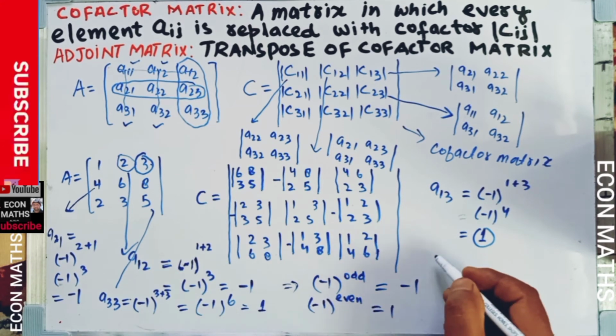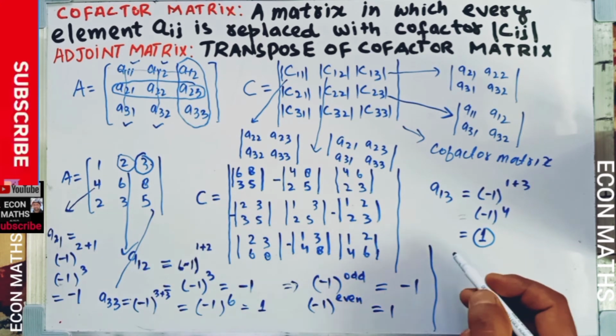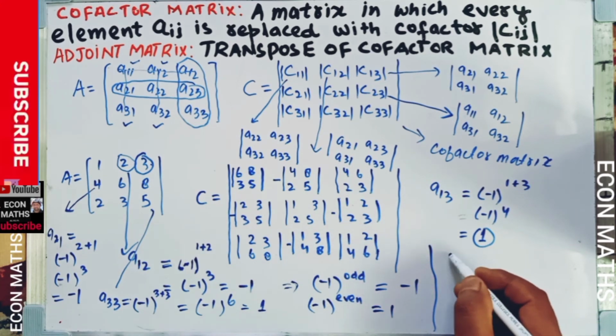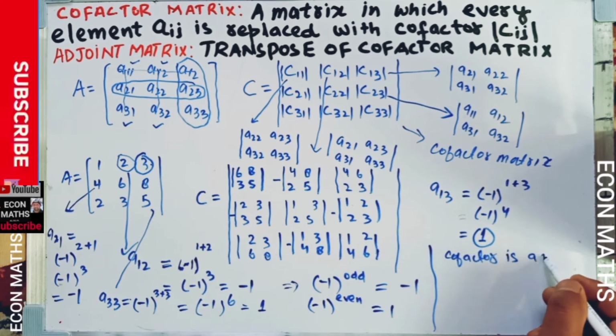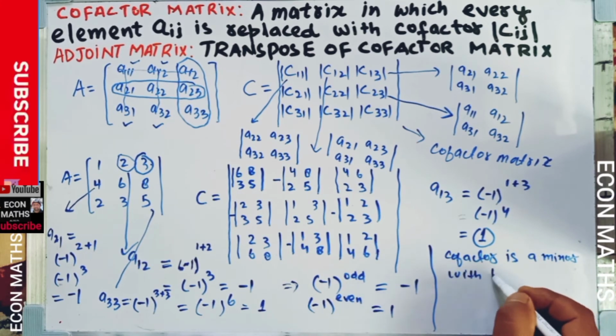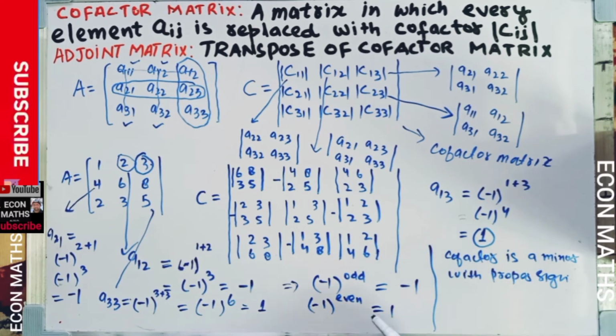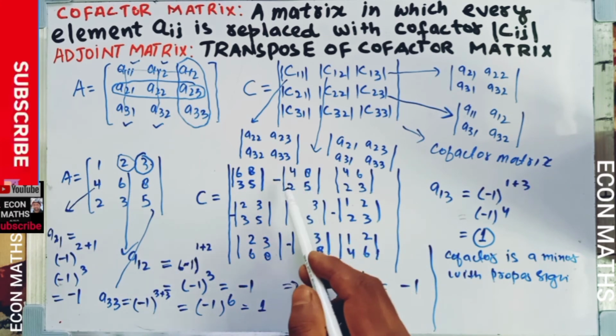And we know from the earlier video that a cofactor is a minor with proper sign. That is, the difference between minor and cofactor is the sign. That is, a cofactor is usually with its sign.